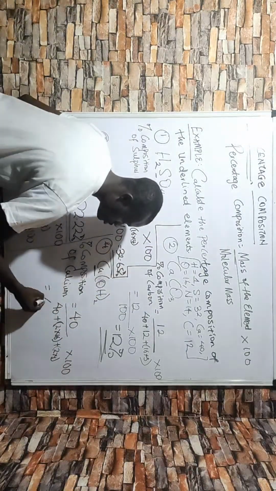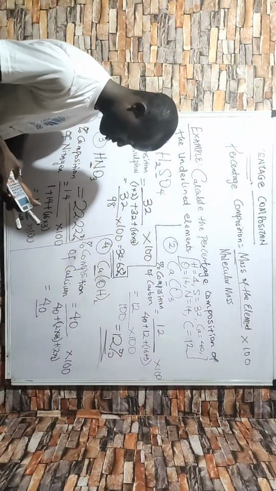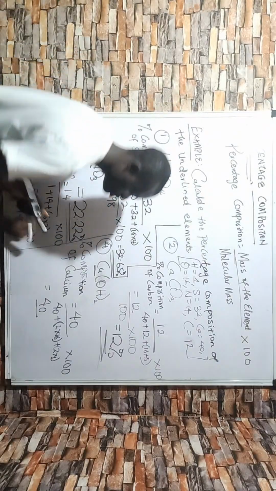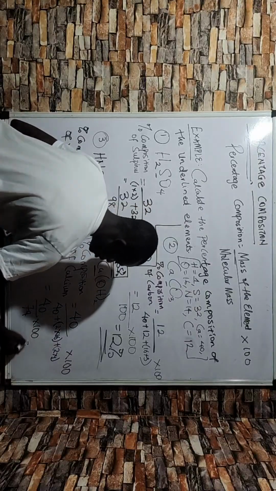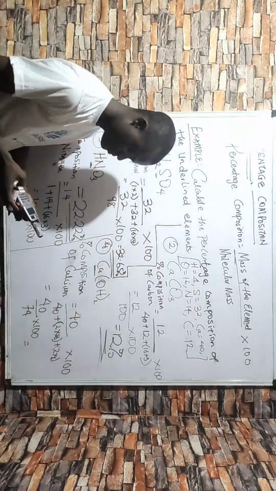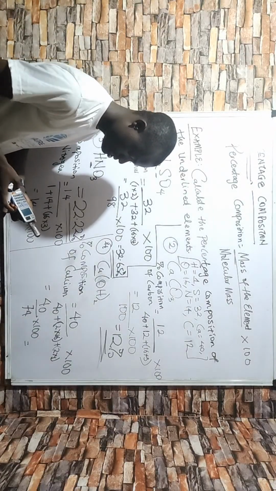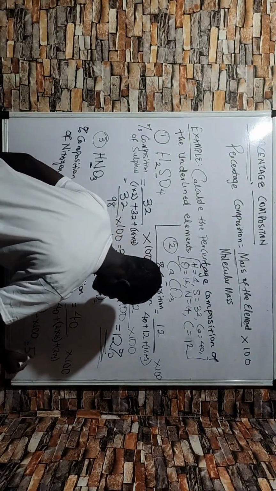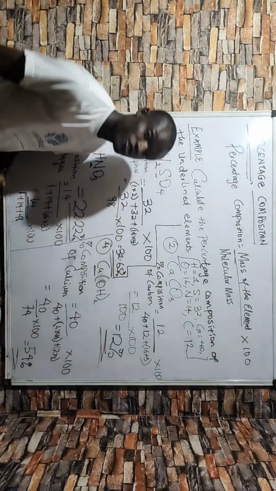This will leave us with 40 over 40 plus 32 plus 2, which is 74, times 100. Our final answer will become 40 divided by 74 times 100, which gives 54.05%. So let's take the nearest whole number, 54%.